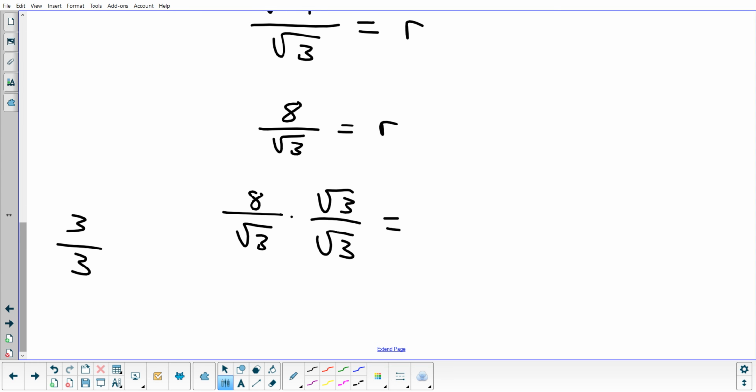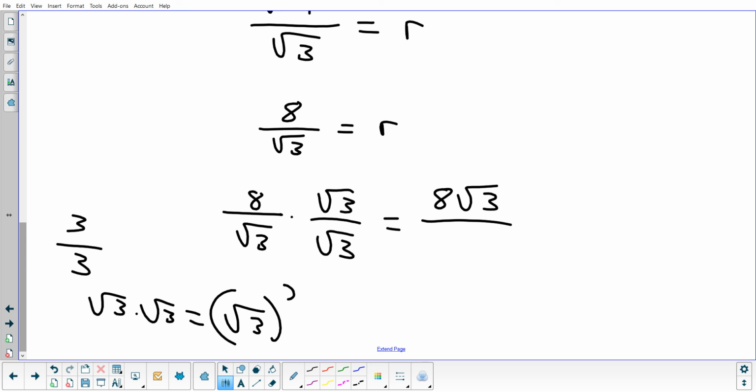Now multiply straight across. 8 square root of 3. And what's the square root of 3 times the square root of 3? Yeah? 3. The square root of 3 times the square root of 3 is basically the square root of 3 times itself.